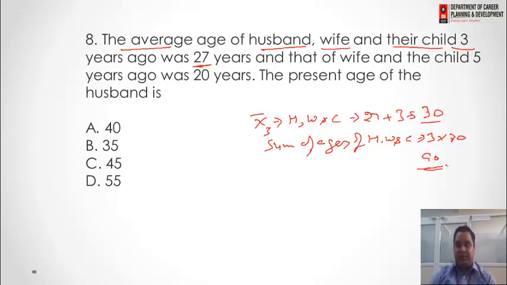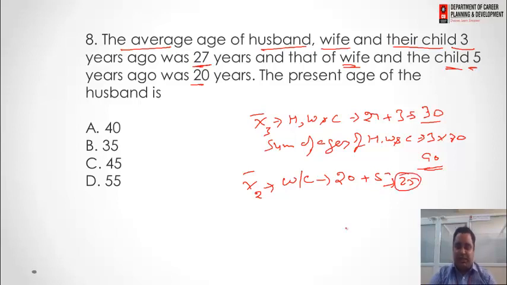Whereas the second statement we have, the average age of wife and the child 5 years ago was 20. It means their current average age, the age of 2 persons, wife and the child, 5 years ago was 20. It means their current average is 25.